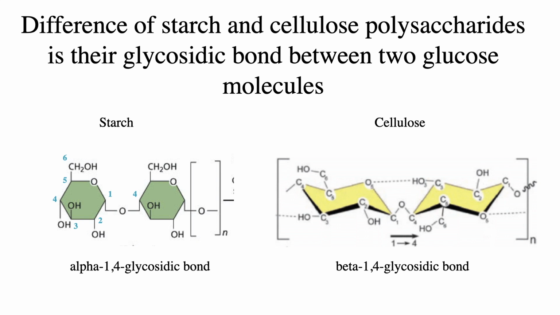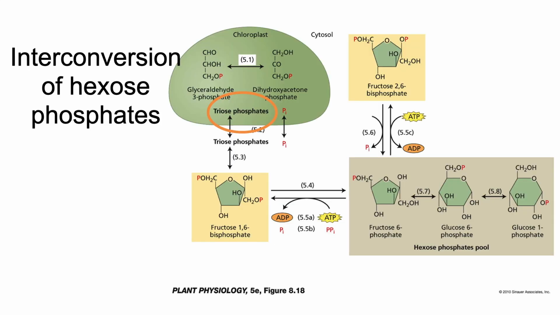The alpha-1,4 linkage of starch is readily degraded, but the beta-1,4 linkage is much more difficult to cleave, and it confers tensile stiffness that enables the cellulose polysaccharide to have the strength of steel in the cellulose microfibrils of the cell wall.